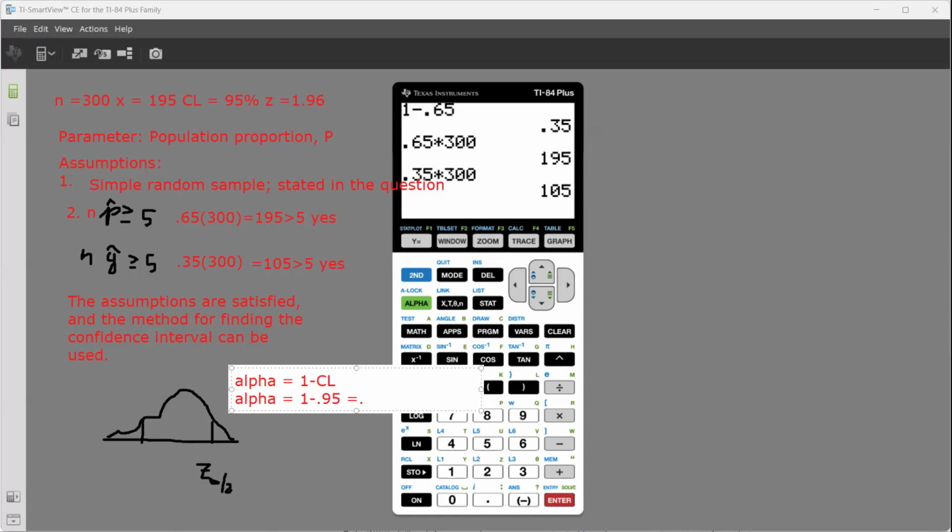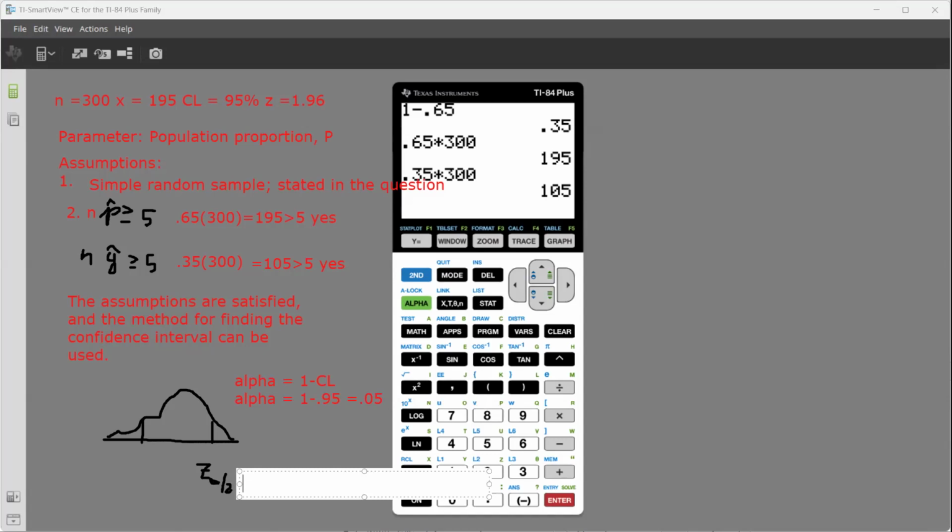Okay, that's your area in both tails. So what you're going to do is your Z here is going to be equal to inverse norm of 1 minus alpha divided by 2.